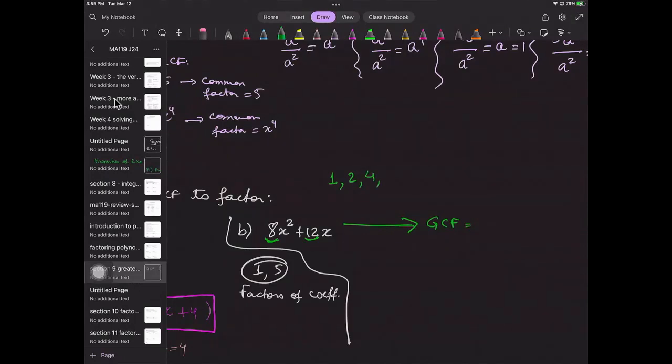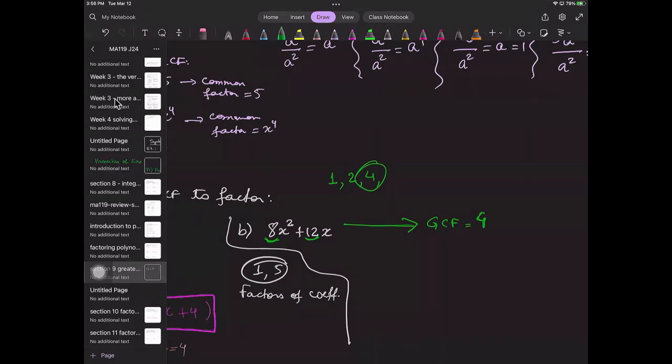I guess that's it. I cannot divide by 6. I cannot divide by 8. I cannot divide by 12. Not both of them at the same time. So I have 1, 2, and 4. So the largest one, 4, is part of my GCF.